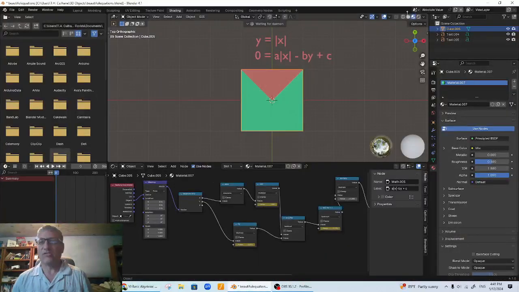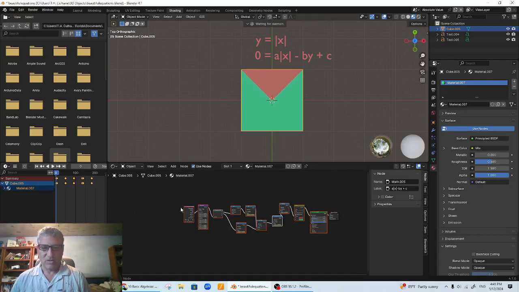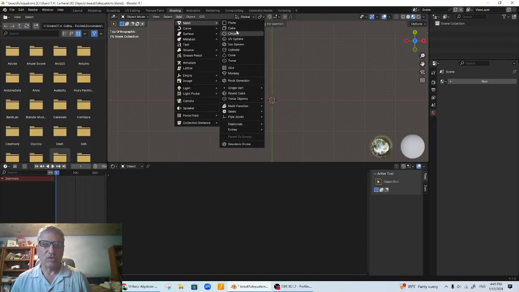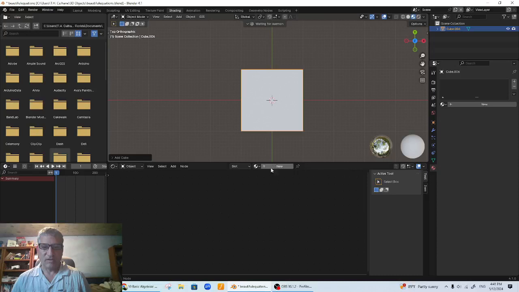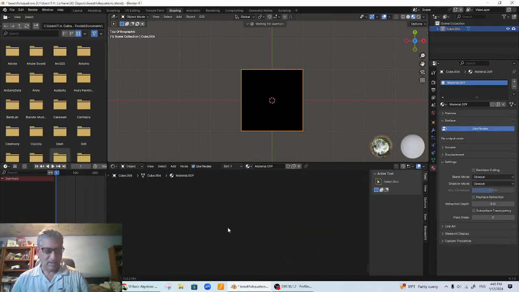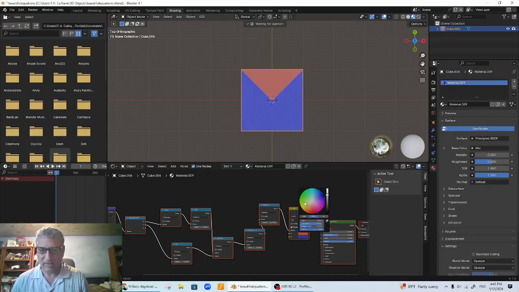Y equals 1/x. So once again, we're going to take our entire node tree, Control, do it, make a new scene, add a new cube, and put our node setup in there. There we go. And I want to differentiate this by changing my colors. Don't like red and blue. I just told you I hate that color combination.